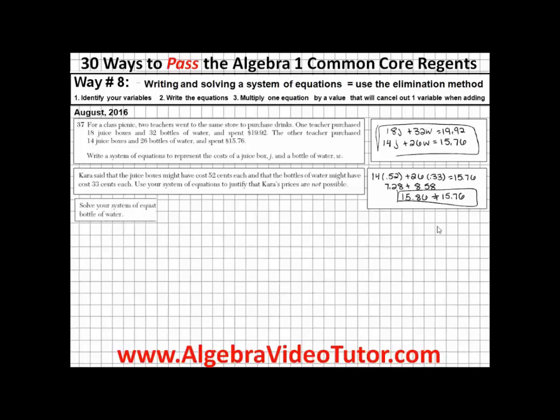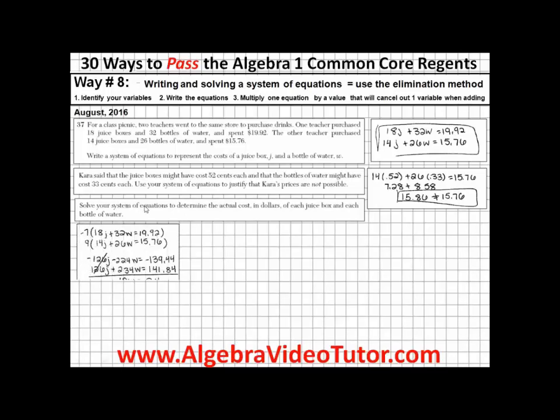All right, and for 2 additional points, this was a 6-point question. They wanted you to solve your system of equations to determine the actual cost in dollars of each juice box and each bottle of water, the same way we did it for the cupcake and the brownie. So here is what we're going to do. We're going to multiply one of the equations by a number.